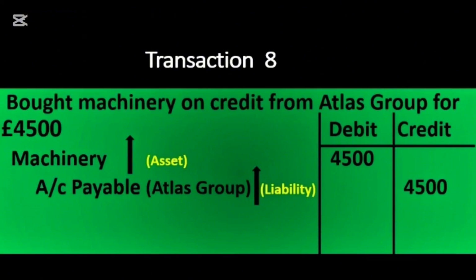We mean the business has to pay £4,500 for the machinery that they have not paid for. So you will credit the liability. Now, why are we crediting liability? Because liability is also on an increase. And so when the liability increases, it moves on to the credit hand side.